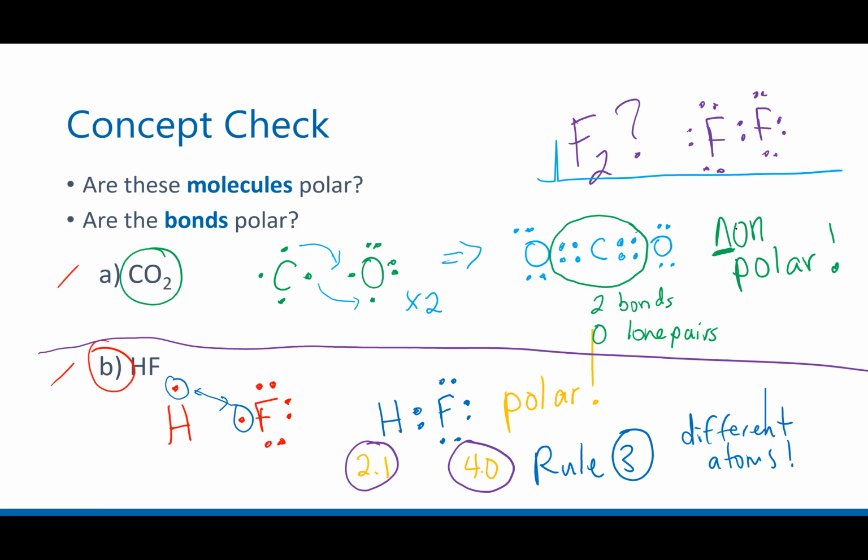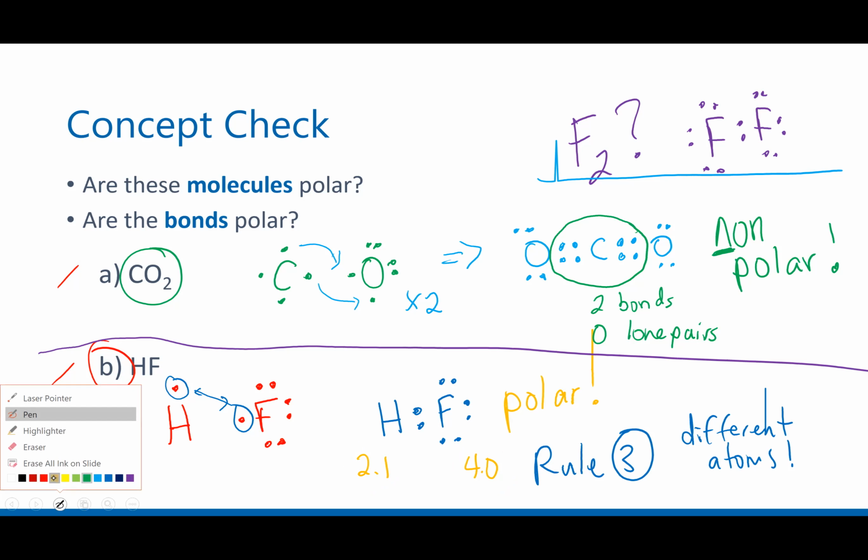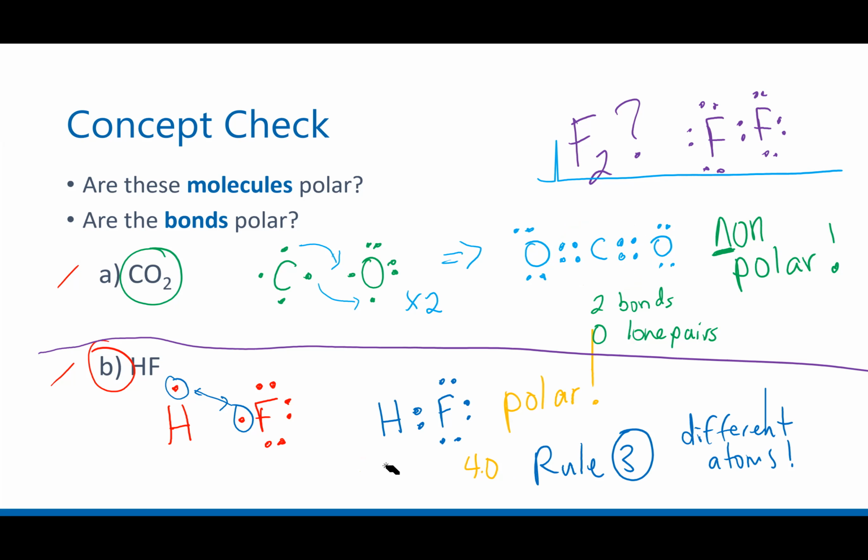Okay, now the next question. Iman asked this, and it was kind of my fault because I never really emphasized this. Are the bonds polar? Well, let's see. In order to do that, we need to look at the periodic table, and we need to find the electronegativities of all of these elements. So let's go down to the bottom one. I'm erasing this now.